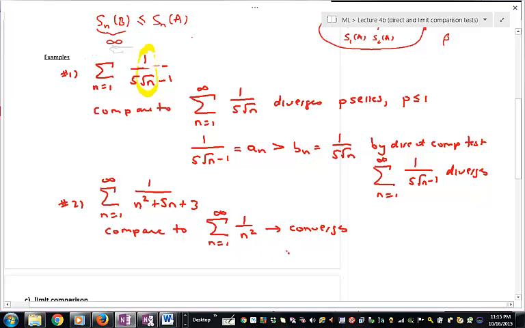So we know this is true, and we know that the an, which in our case is n squared plus 5n plus 3, is less than the bn. So this tells us that this is going to converge.